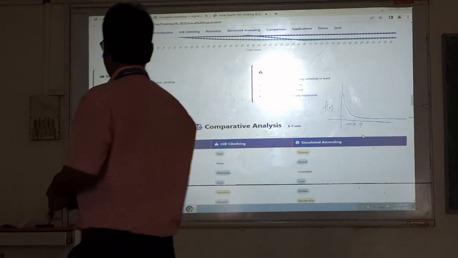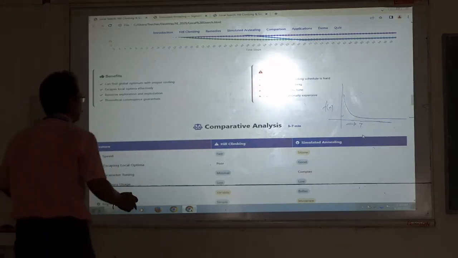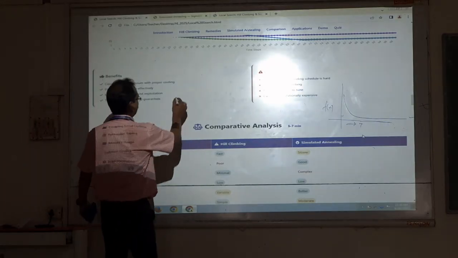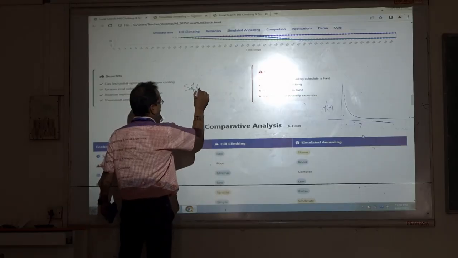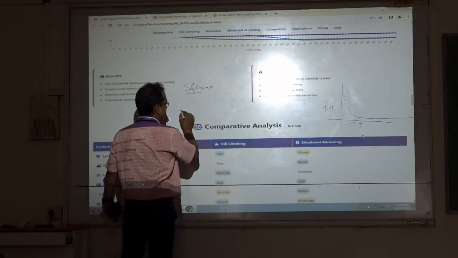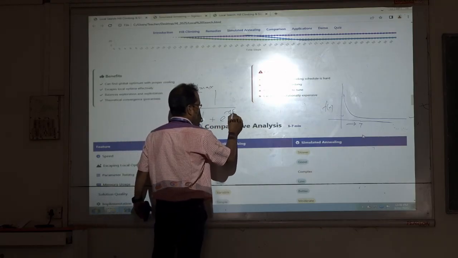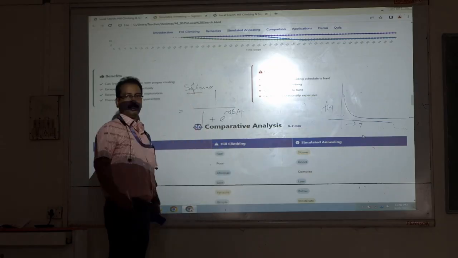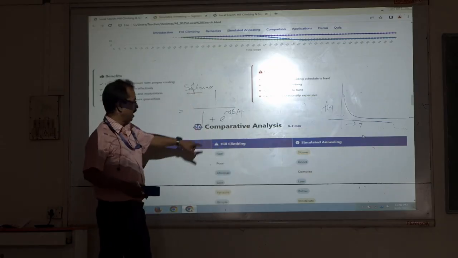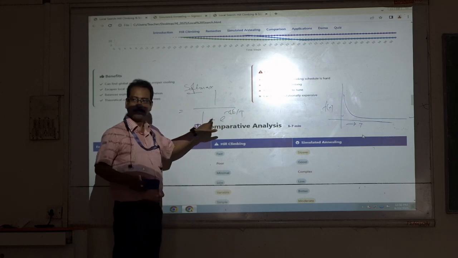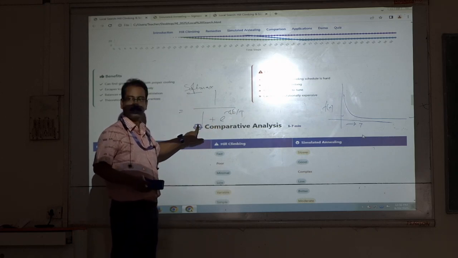So that's why one smart function is used, that is called softmax, and its use is like this. The function is like this. Earlier we were using this, but now it is this.